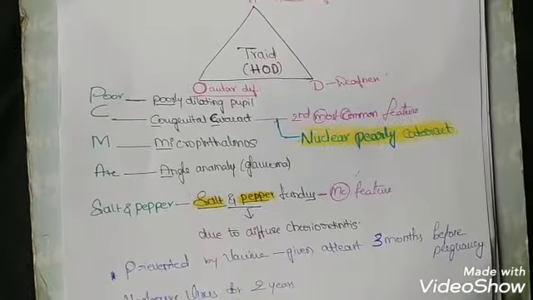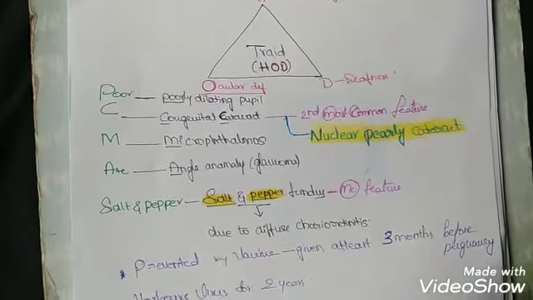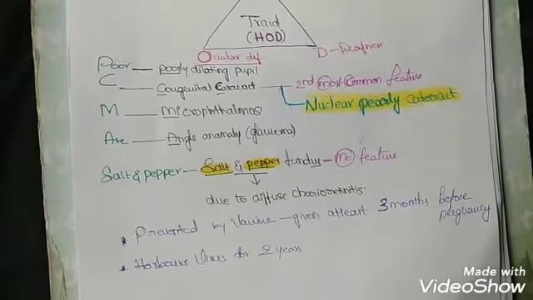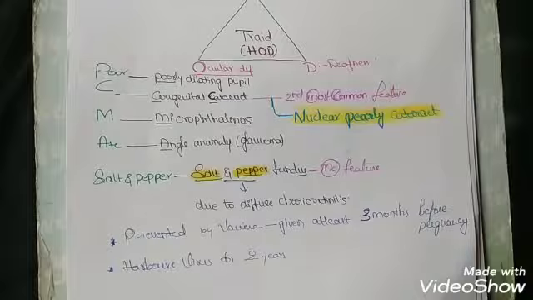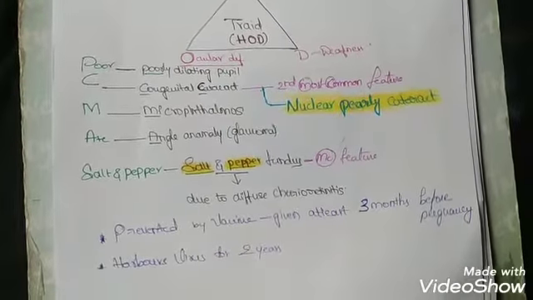Other than the congenital cataract which you are learning here, the rubella syndrome also involves other ocular features. I have made another mnemonic to remember the ocular defects of congenital rubella syndrome, that is poor CM, 8, salt and pepper.